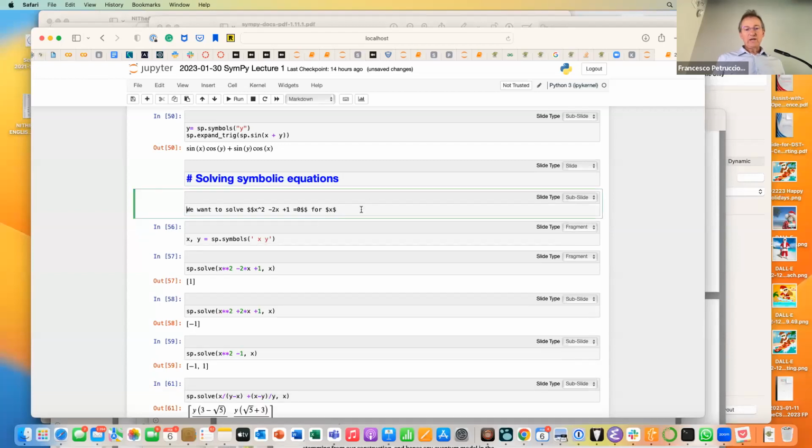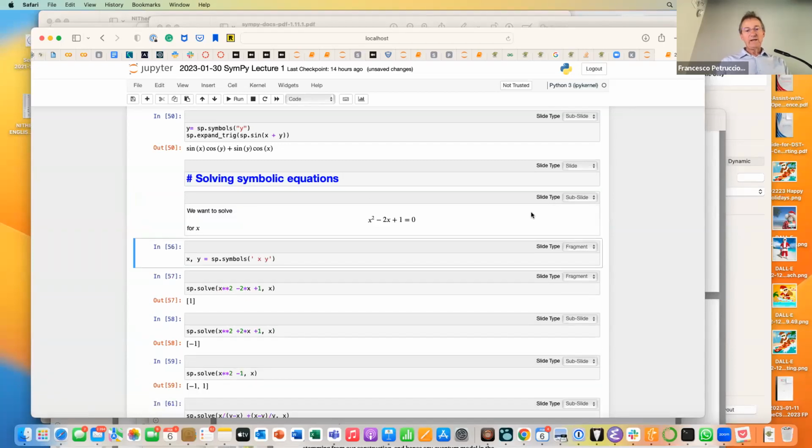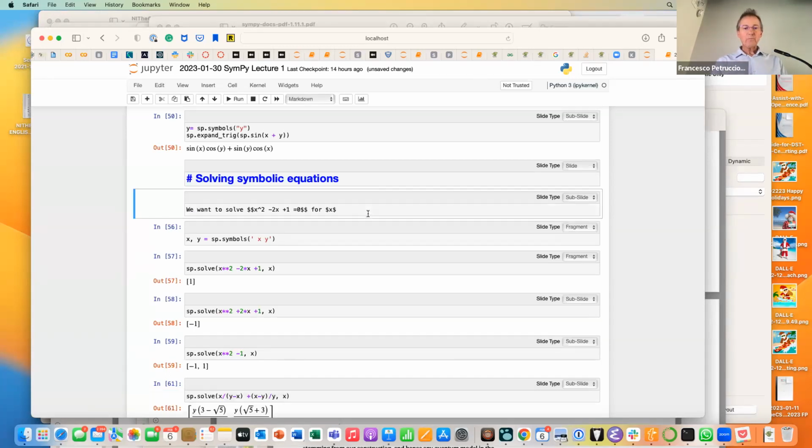These I can show you. How do we manage to make the equation look nice in the Markdown language? We use essentially LaTeX. So the mathematical environment for an equation starts with two dollar signs and ends with two dollar signs. And in the middle I write the equation x squared minus 2x plus 1.